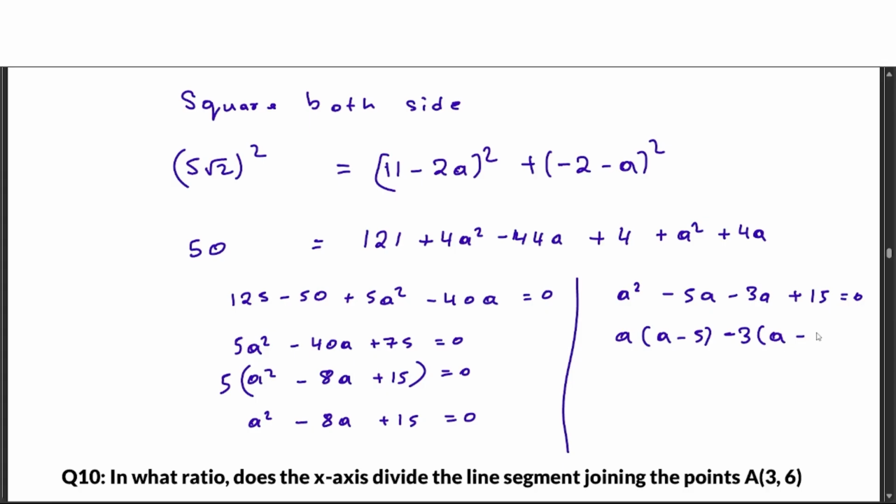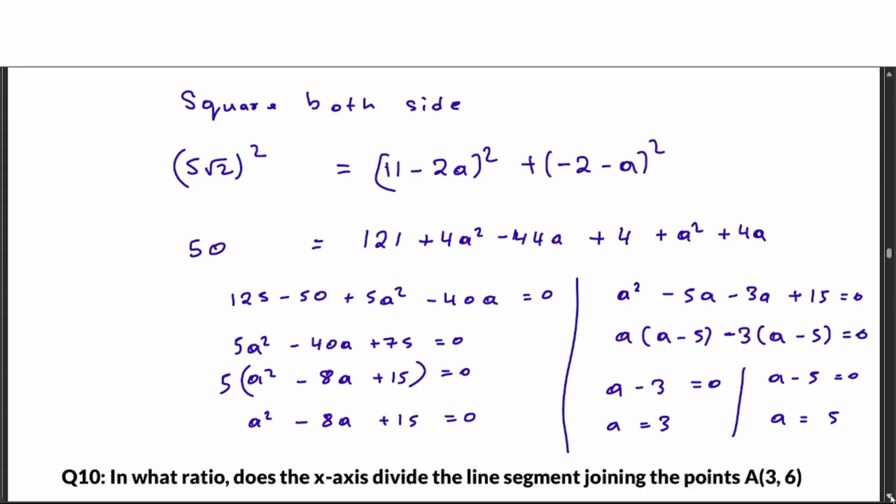So you got the term A minus 3 is equal to 0, and second one you will get A minus 5 is equal to 0. So A value you got 3, and another you will get 5. So either your value of A is 3 or 5. So hope you got it. This one how we have solved.